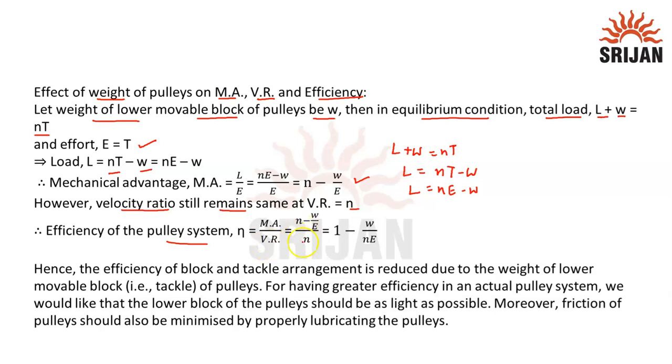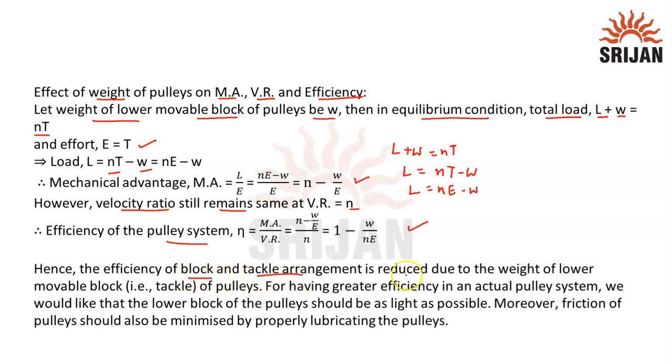Since the velocity ratio is n and the mechanical advantage is n minus W by E, we get the final value of efficiency as 1 minus W by nE. Since it is less than 1, because 1 minus W by nE indicates that something is being subtracted from 1, the efficiency will not be 100%.